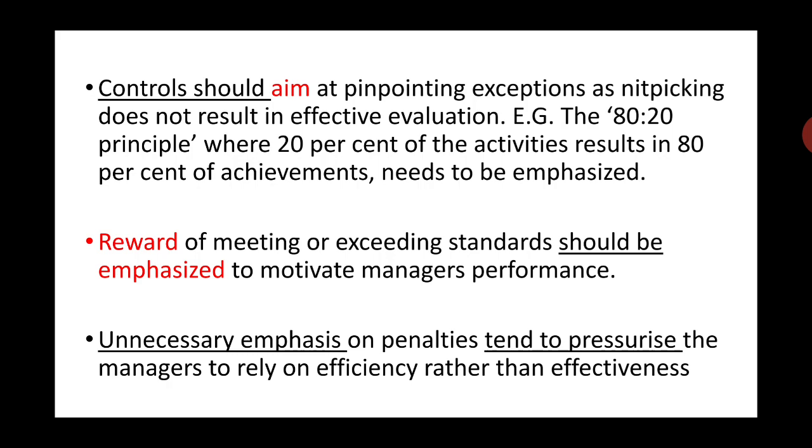Here the idea is, when you are putting an evaluation process or evaluation strategy, the main aim is to look at the exceptions, what you want to avoid or take. Don't try to catch mistakes, because then the results will not be effective.